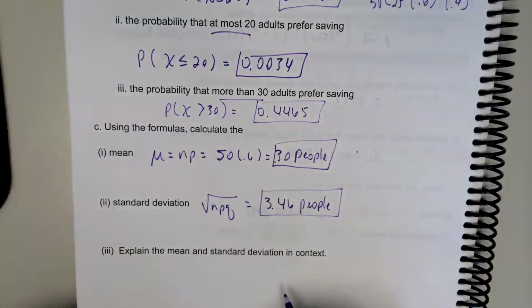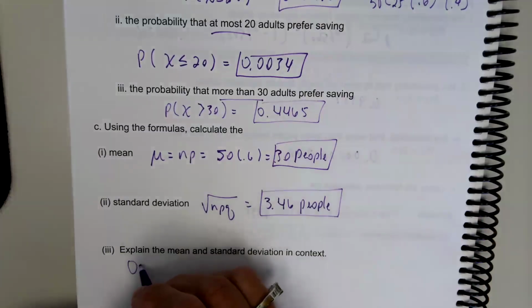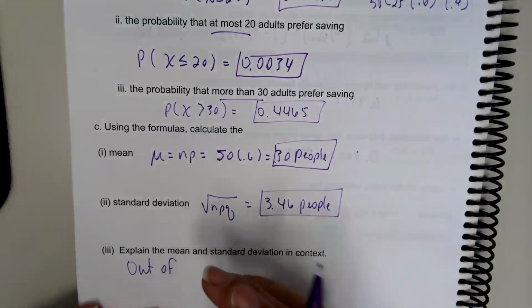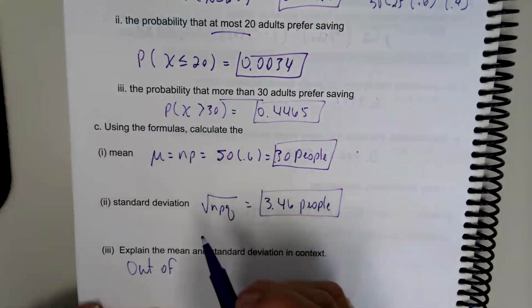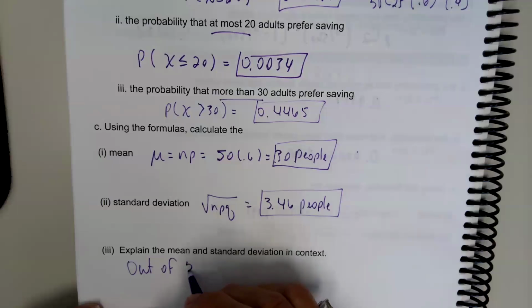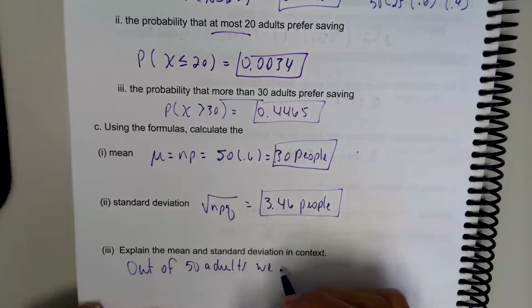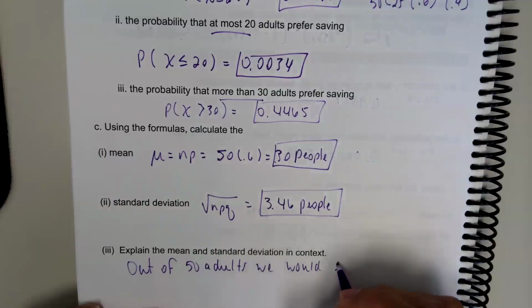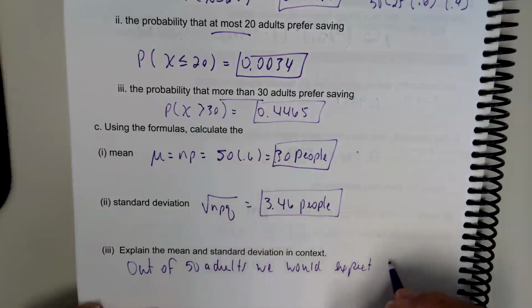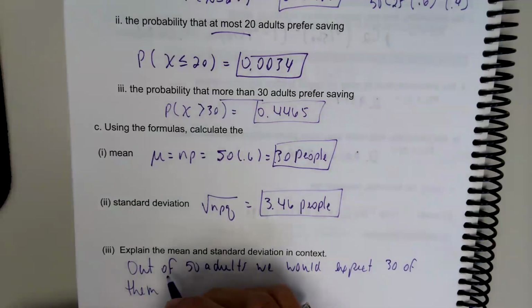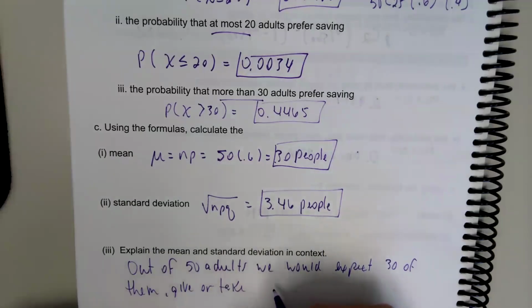And it says explain the mean and standard deviation. So when we have the binomial, we always say out of whatever our sample size is because it's changing. And the mean is directly dependent on the sample size. So we have to say out of the sample size, which is out of 50 adults, we would expect 30 of them, give or take 3.5.